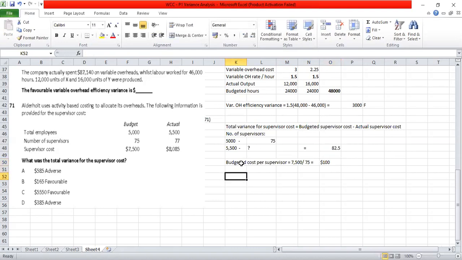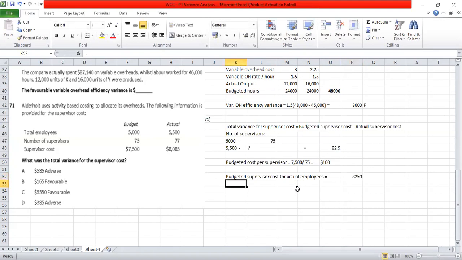So how much will be the budgeted supervisor cost for the actual employees? $100 into 82.5.